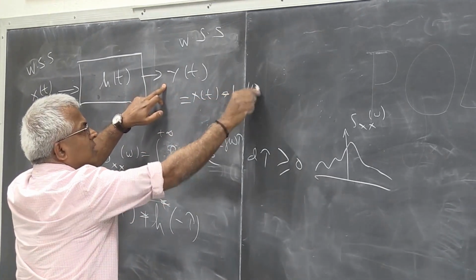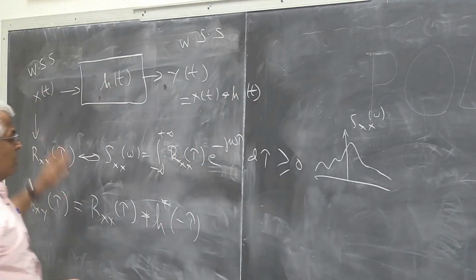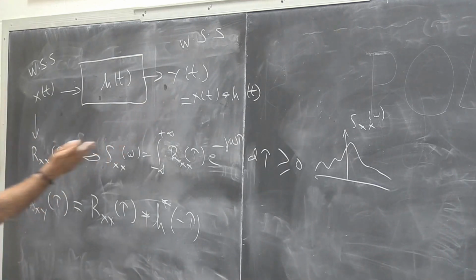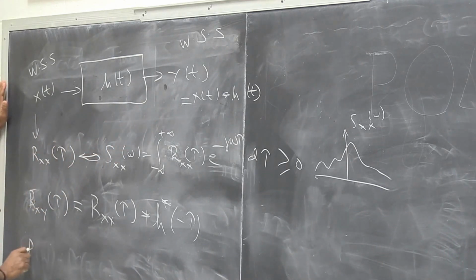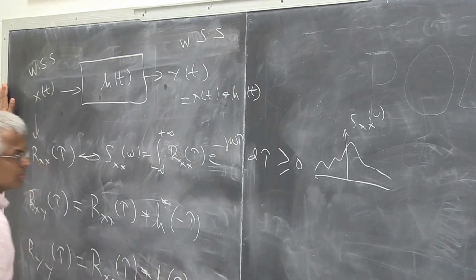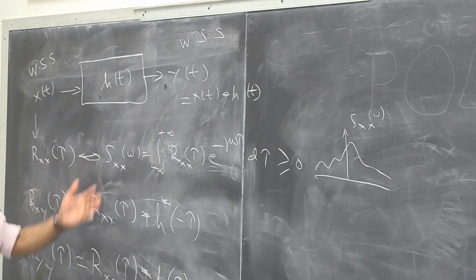We went through all this, right? So the cross correlation function is wide-sense stationary. X of t and y of t are jointly wide-sense stationary. And Ryy tau was what? Anybody? It is convolved with h of tau, right? So from here you can find out the cross spectrum.